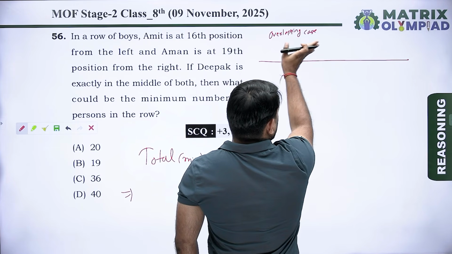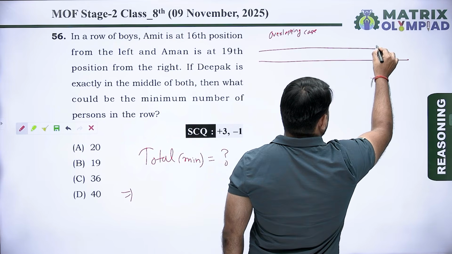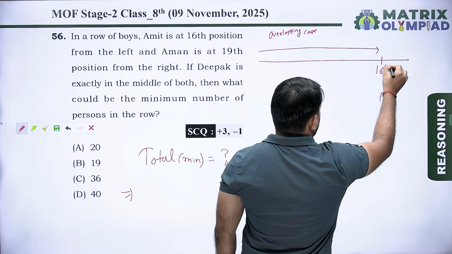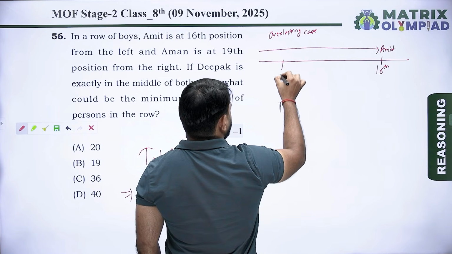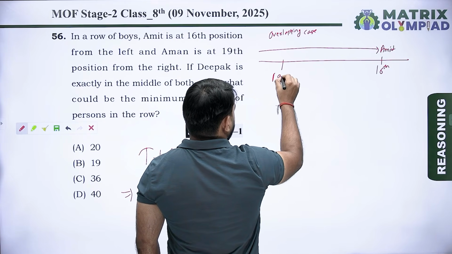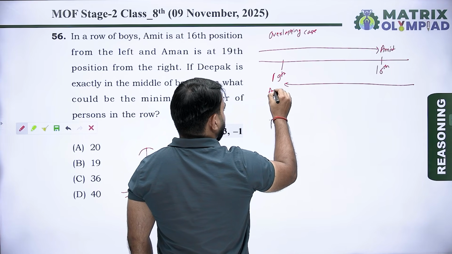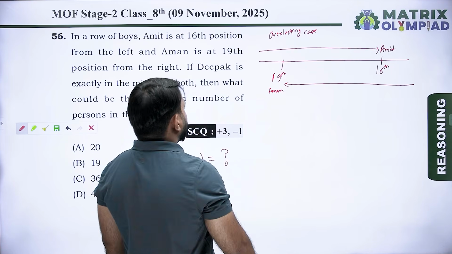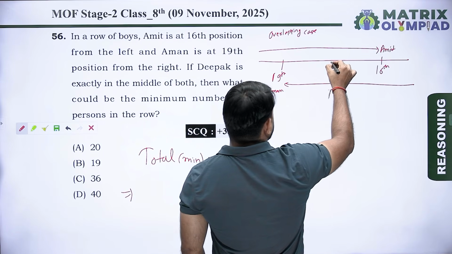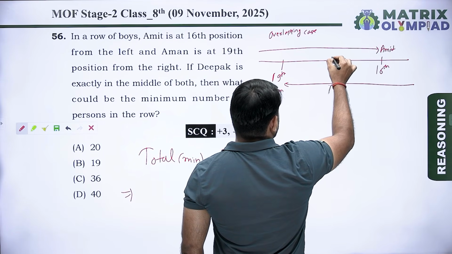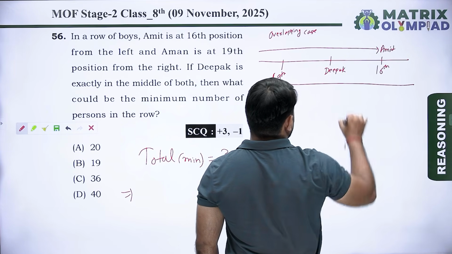this is the left end of the row and this is the right end of the row, and position of Amit is 16th from the left and position of Aman is 19th from the right end. Now here is Aman. And Deepak is exactly in the middle of both. So it means Deepak is exactly in the middle of Aman and Amit.